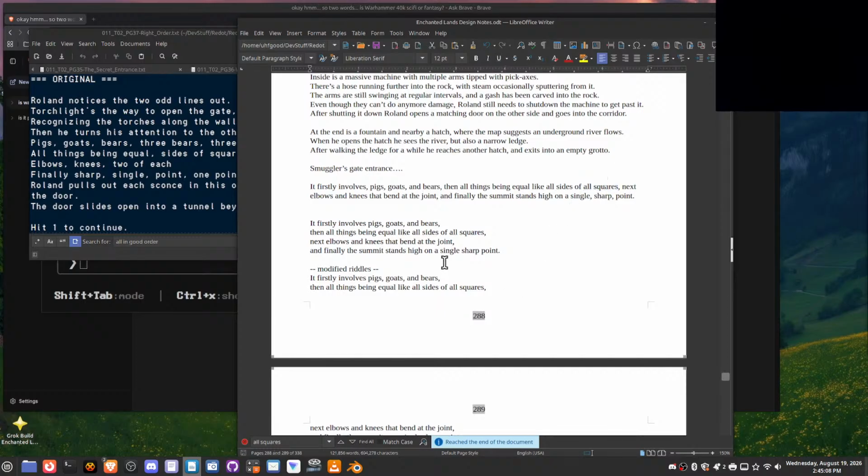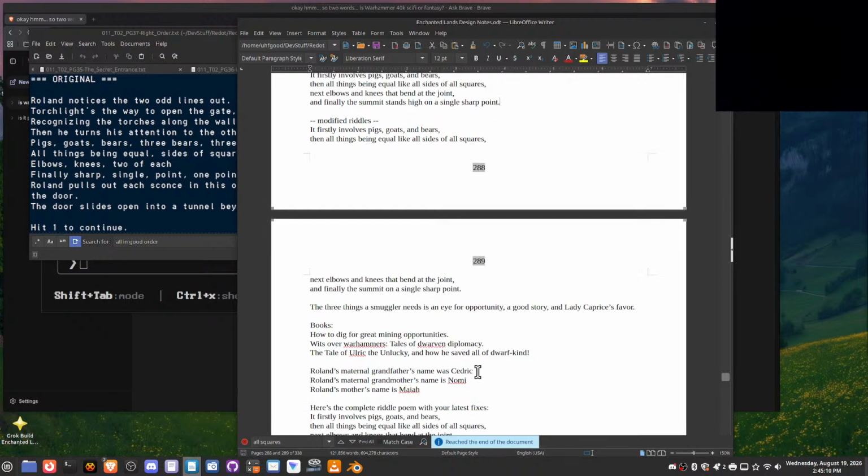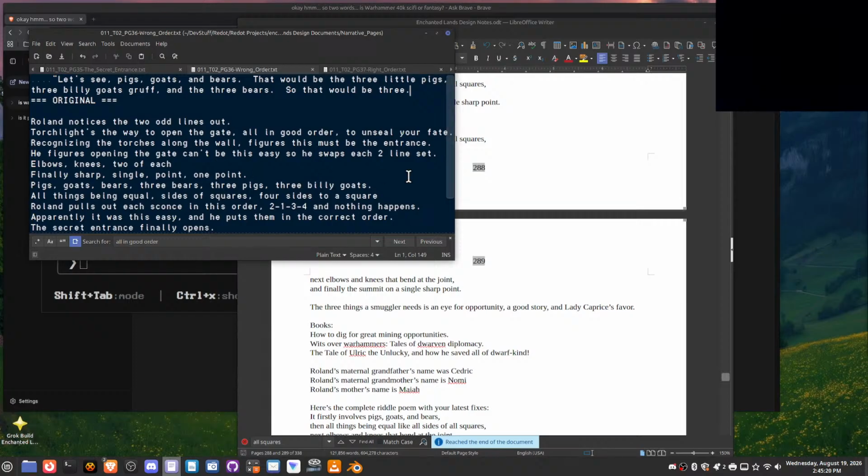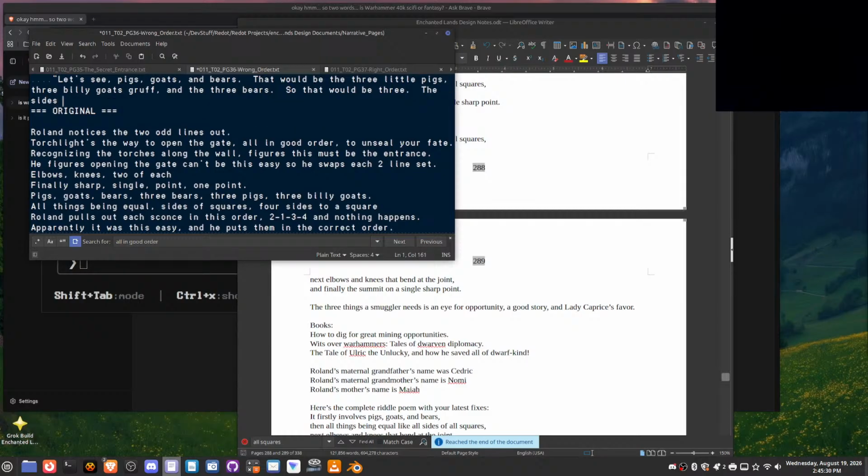Wrestling balls, pigs, goats, and bears. And all things being equal, the size of all squares. 3. Sides of all squares would be 4 sides to a square. 4.